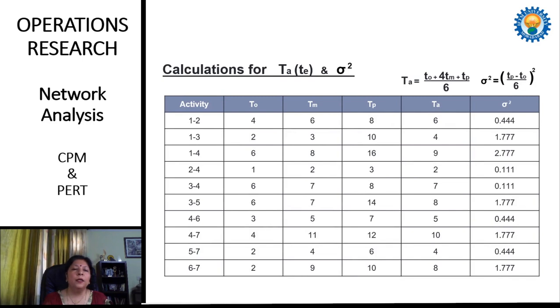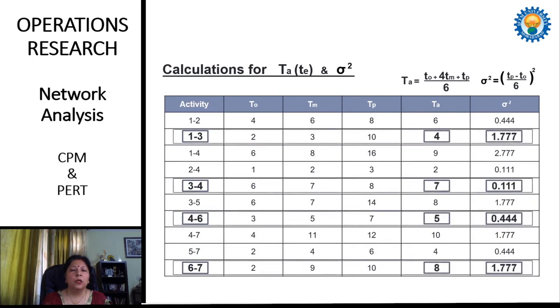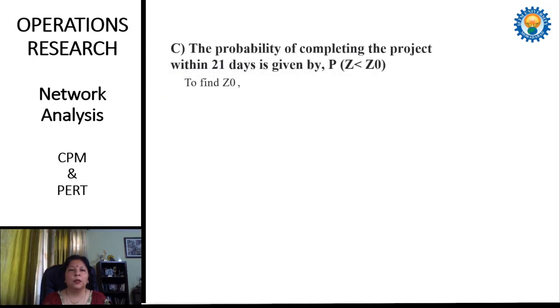Now if we highlight these critical activities in the table, these activities are 1 to 3, 3 to 4, 4 to 6 and 6 to 7. Corresponding to these, the values of variance are 1.77, 0.11, 0.44 and 1.77. When we add these values, we get the variance of the project length.